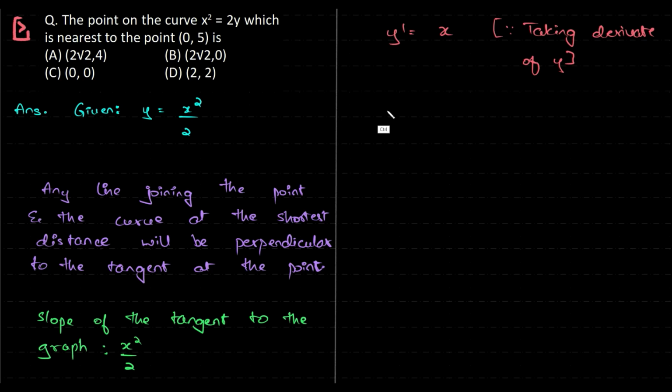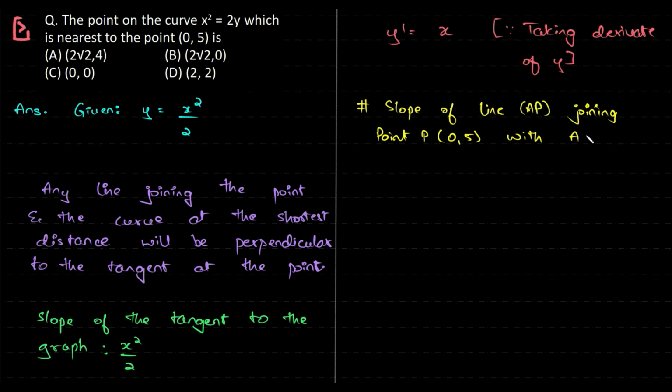And next, the slope of line AP joining the point P (0, 5) with A (a, b), which is on the graph.